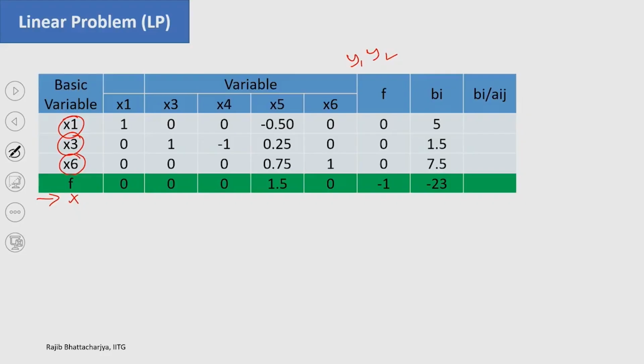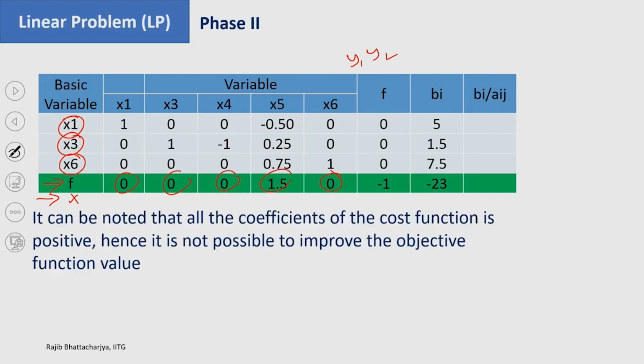Now, the question is, can we improve this solution? There is no negative coefficient in the objective function row. So, all are positive. Okay. So, therefore, you cannot improve this solution, and so I can say that whatever solution you are getting, that is the optimal solution.